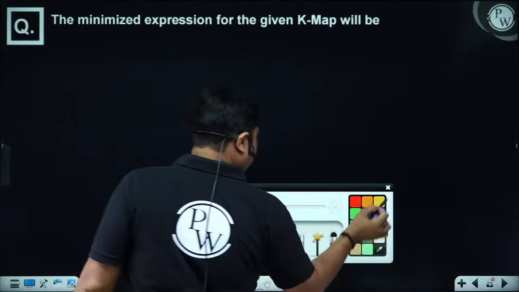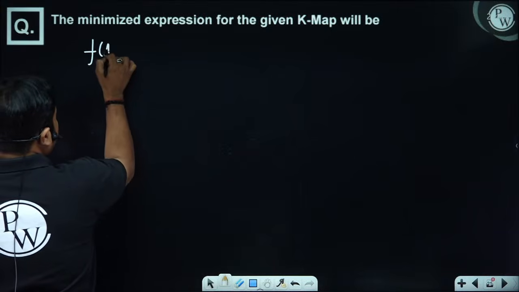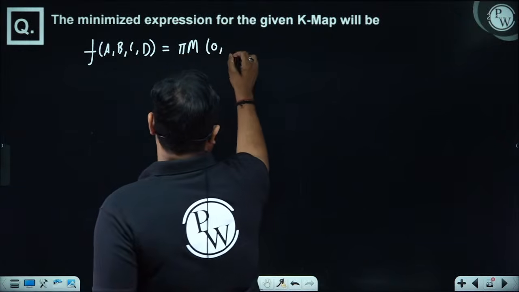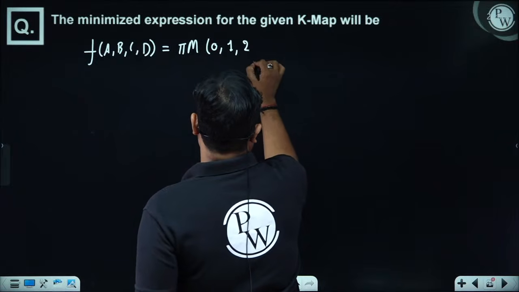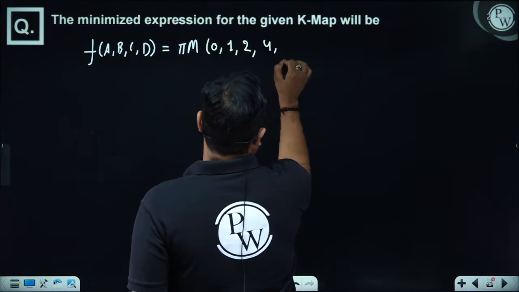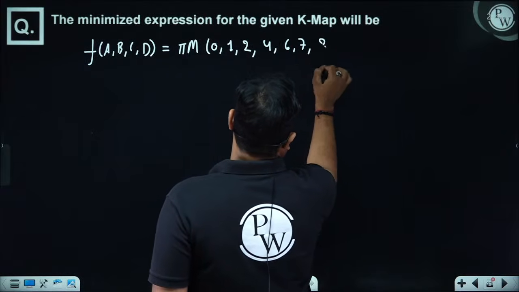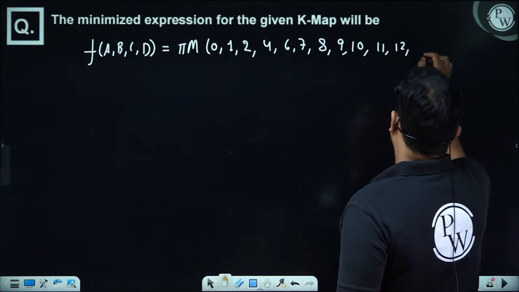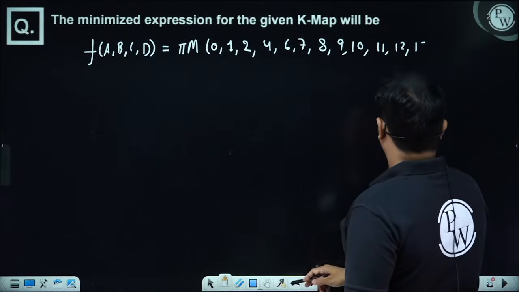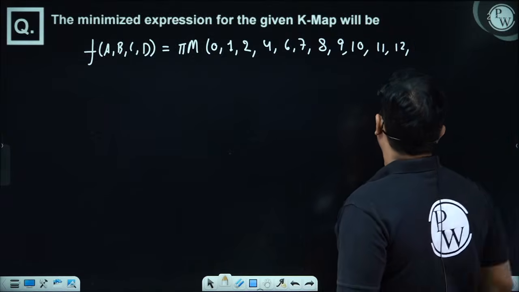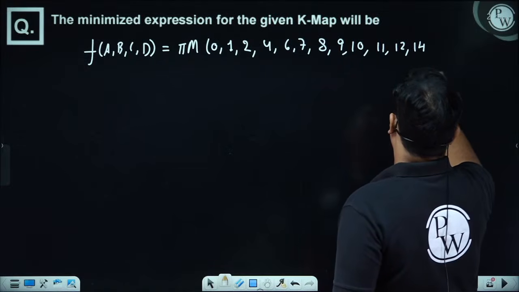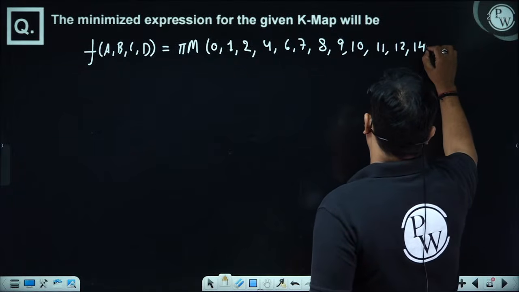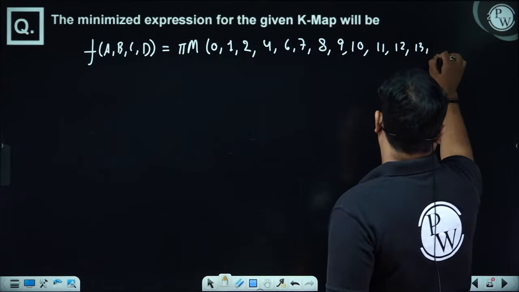the minimized expression for the function f of A, B, C, D as product of M over the listed zero terms.